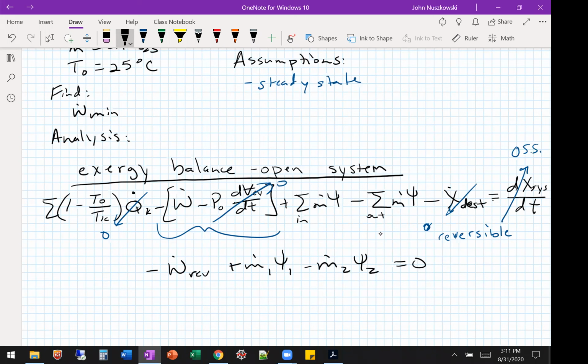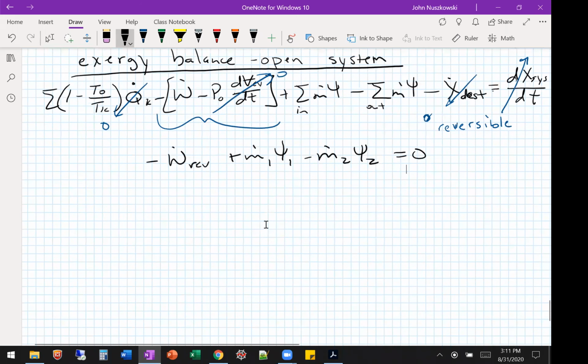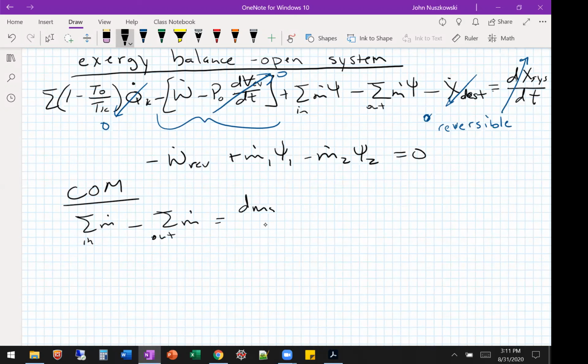So we have this. So what's our next step? Conservation of mass. Okay. And we have just one inlet and one outlet, so the mass flow rates are equal.